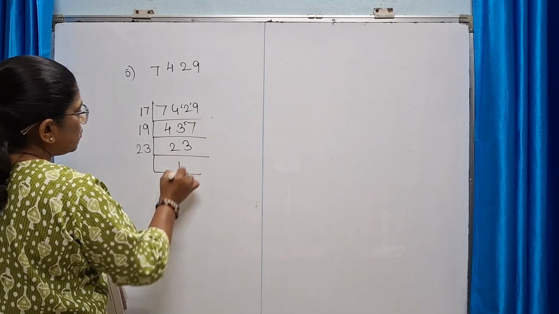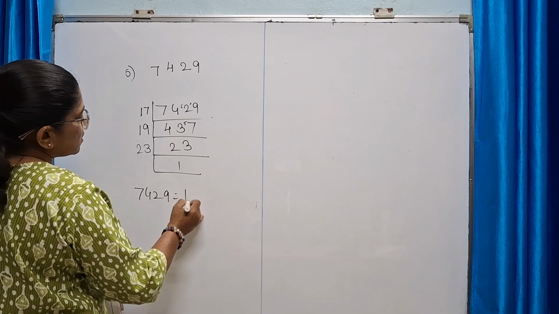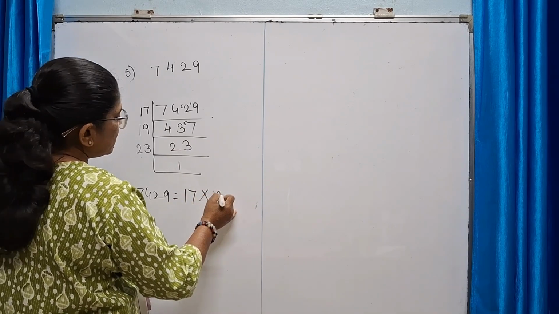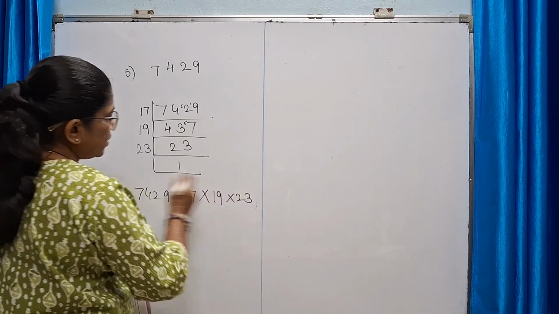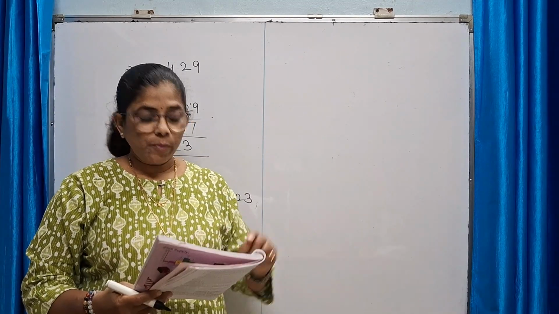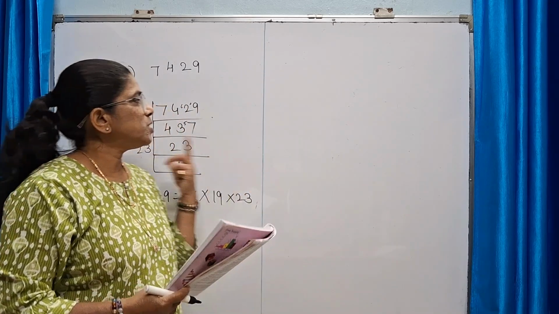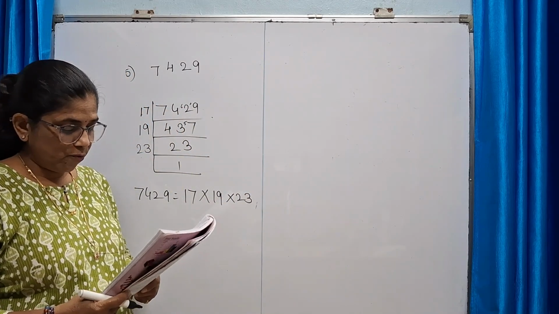So 23 ones are 23. So 7429 can be expressed as 17 into 19 into 23 as the product of prime factors. So here we complete the first main question of our first exercise of Real Numbers. We expressed 5 numbers as the product of their prime factors.